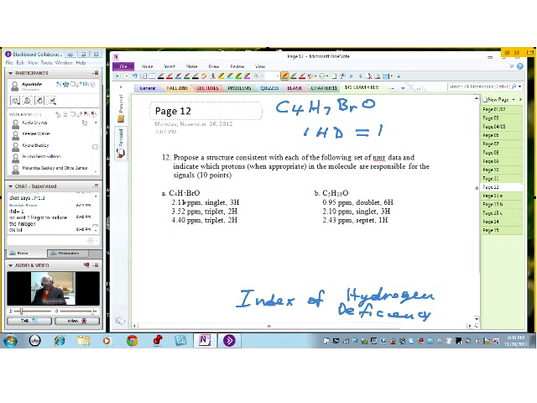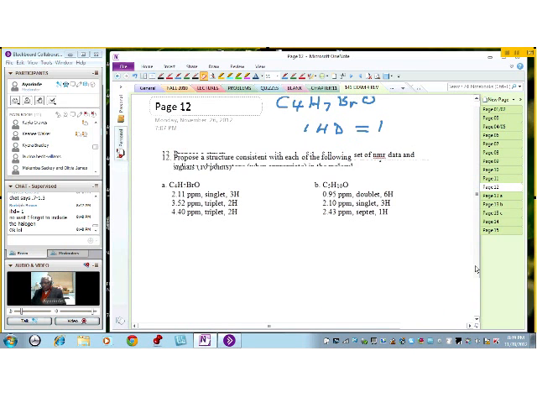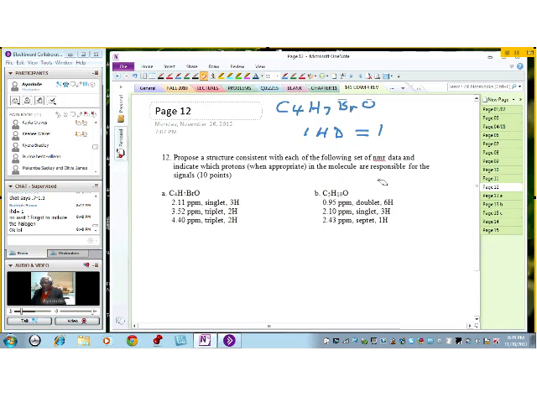I will look at the most obvious information. I will see there 2.11 singlet, 3 hydrogen. Okay, I will take an educated guess, knowing that this molecule has 1 index of hydrogen deficiency.